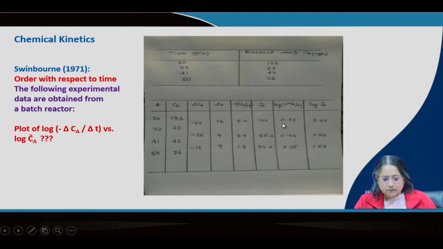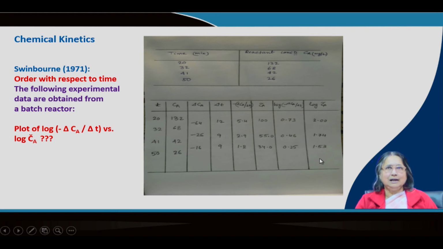Once you have all this data, you can find the log values: log of minus delta Ca by delta t, and log Ca average. Now you have to plot log of delta Ca by delta t, obviously with the minus, which I am not mentioning all the time, against log Ca.